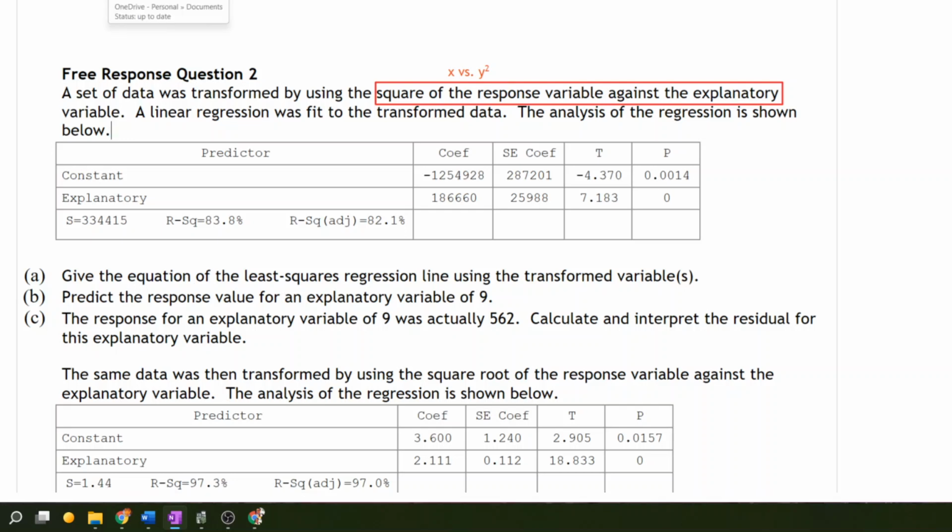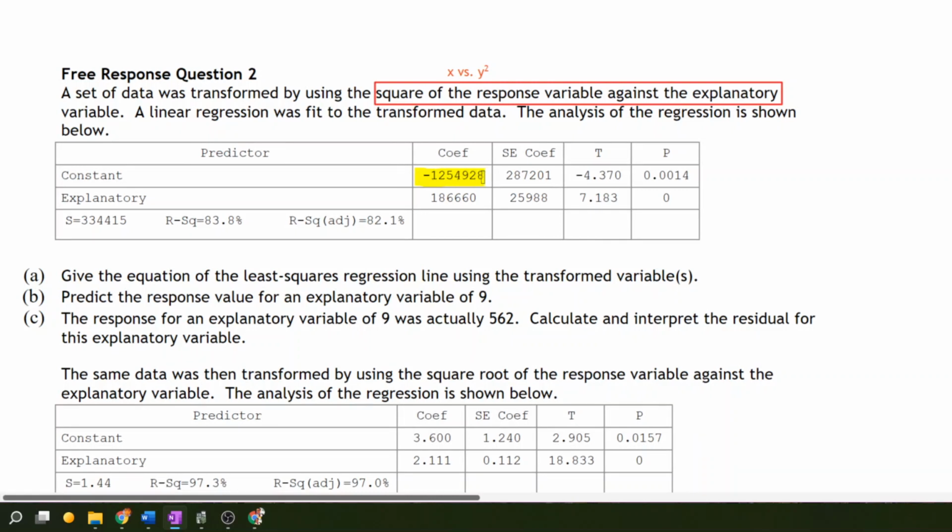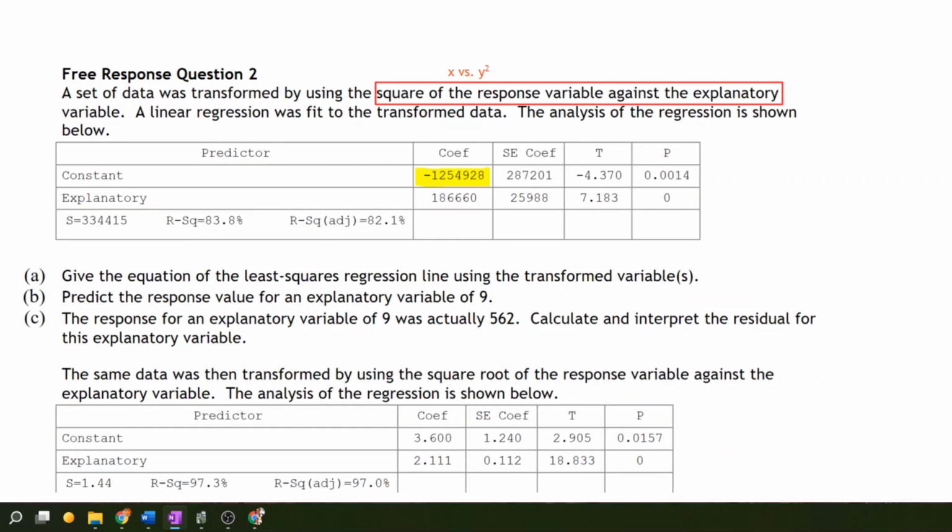Just like before, we're going to read through this chart, but we'll go a little faster this time. If you have questions on that, make sure you go backward to free response question 1, where I go into this chart in detail. Over here, we've got the value of a, the value of b over here, and the SEb, 25,000.